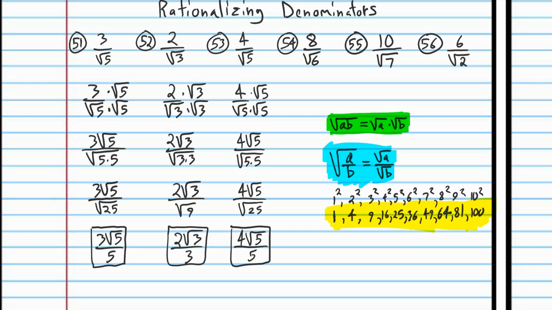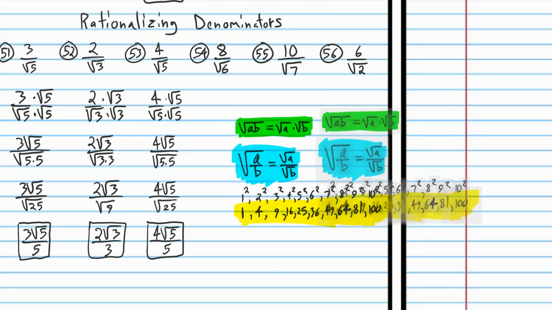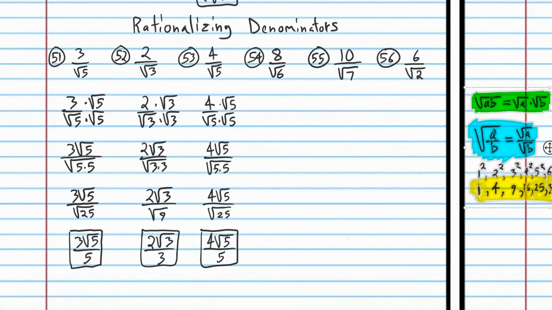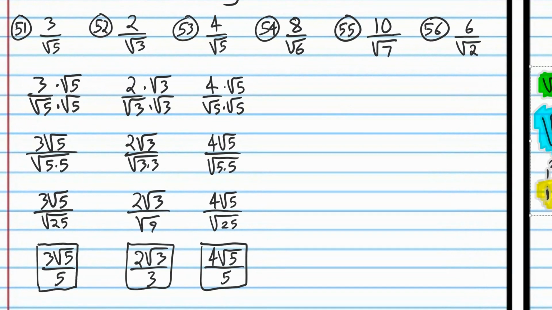So if you got that answer, good job. All right, so why don't you try number 54, and when you come back, we'll do it together. All right, we're back.